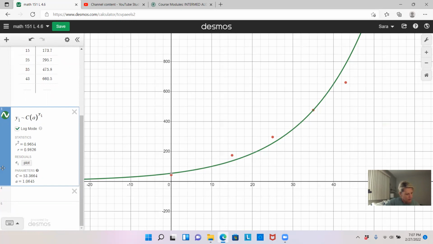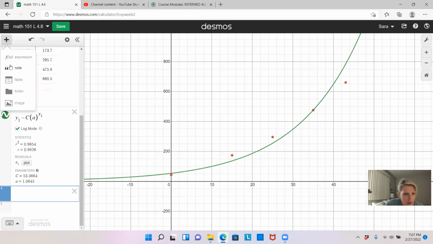So for us, it's going to be f of x is equal to 53.3664 times 1.0645 to the x. So 1.0645 is my multiplier. I'm just going to make a note here for you. 1.0645 is my multiplier.